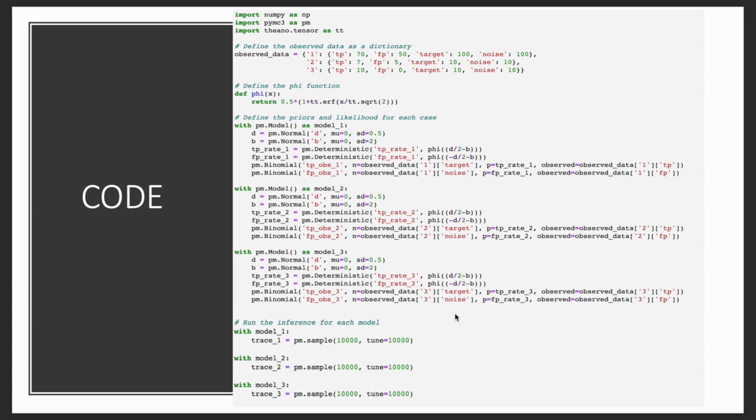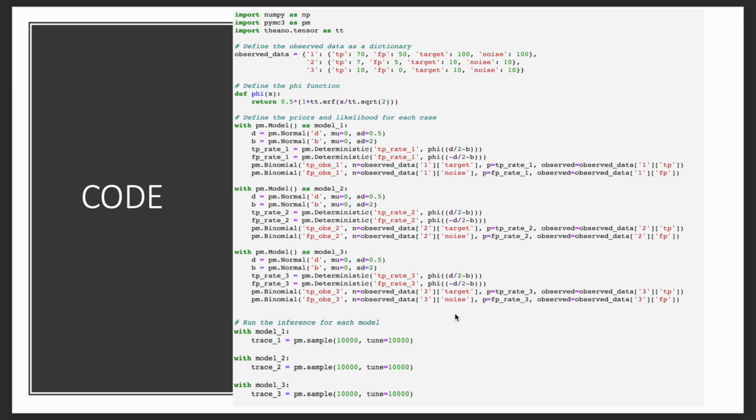Next, the code defines a phi function which computes the cumulative distribution function of a normal distribution. Phi is a mathematical function that is used in statistics to calculate the cumulative distribution function of a normal distribution, but as it is not defined in PyMC3, we have defined it for our model.